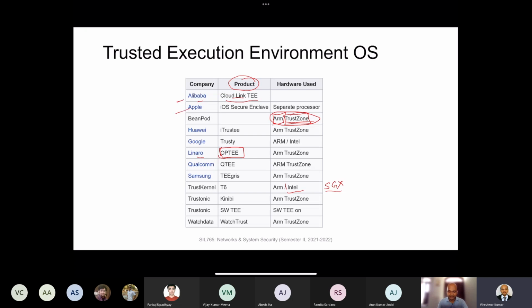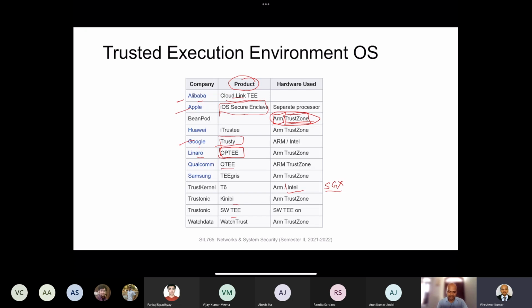Of course, Apple and Google have their own trusted OS that could be run there as well. So this is probably a very short list. People are developing their own trusted OS as well.